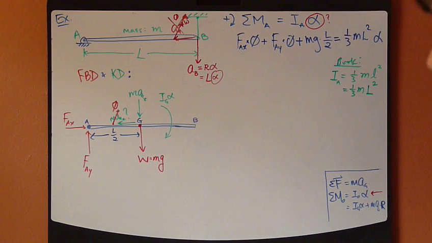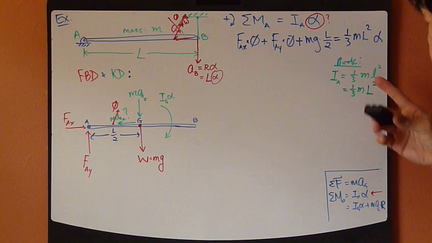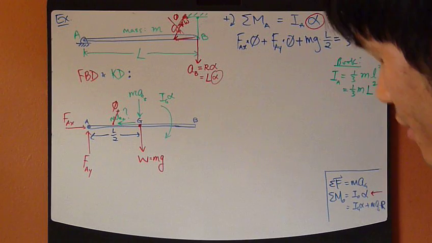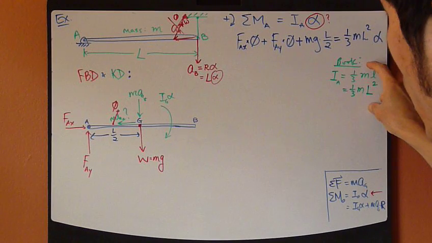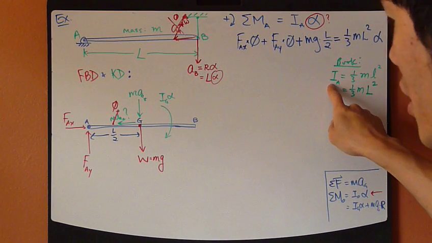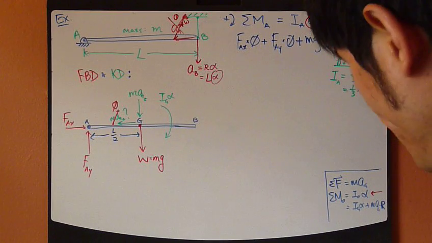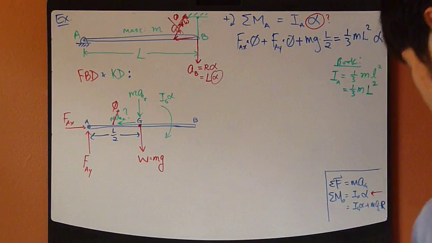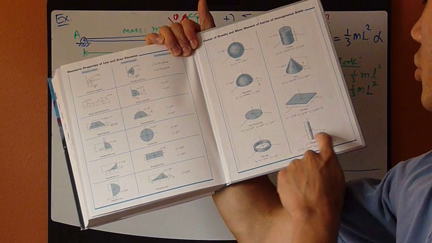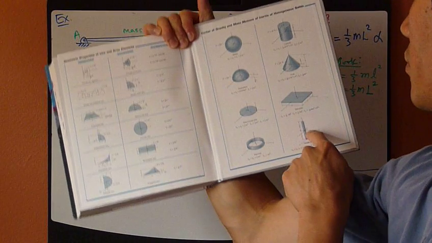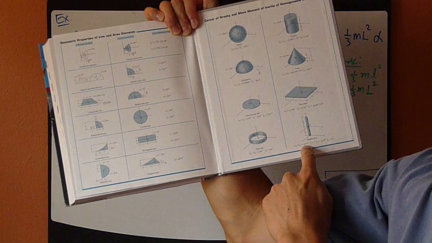Now what if this formula is not available? Because sometimes formulas are given for just the moment of inertia about the center of gravity. And this table right here, which is the x and y axis through the middle, the formula is given, which is 1/12 ml squared.